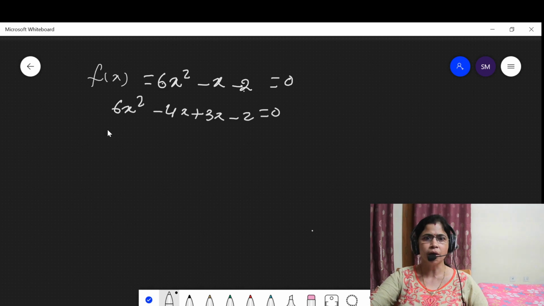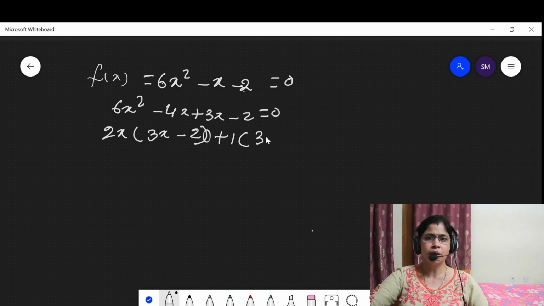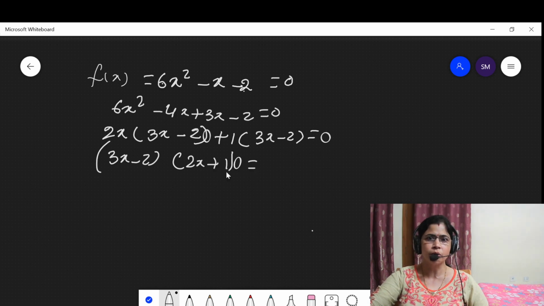Then take 2x common, then this is 3x minus 2. Then here minus 2, then here take 1 common. This is 3x minus 2 is equal to 0. Then taking 3x minus 2 common, this is 2x plus 1 is equal to 0.